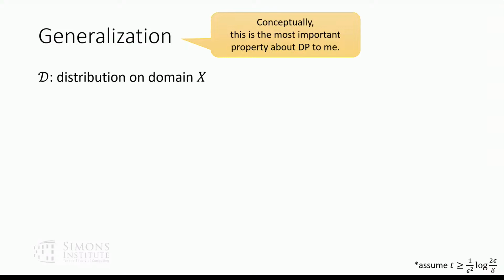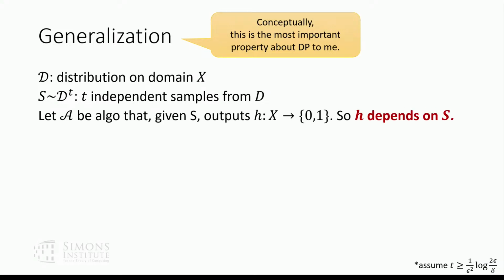Okay. So you have the same distribution D here. Let's say S is a sample of T independent samples from the distribution D. Now suppose that you have an algorithm that, given a sample, chooses this predicate H depending on the sample.